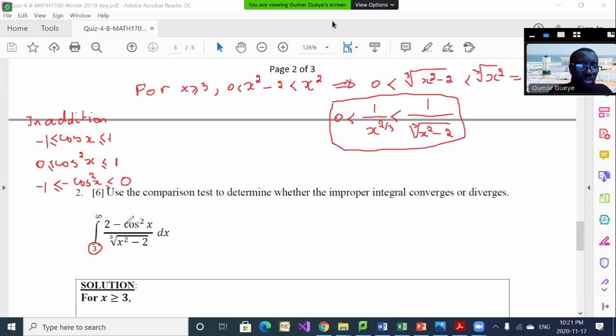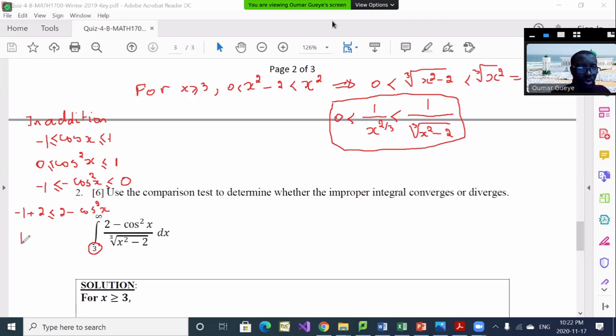Now I'm going to add 2, in order to get 2 minus x squared. If I add 2, I'll get minus 1 plus 2, which is 1.